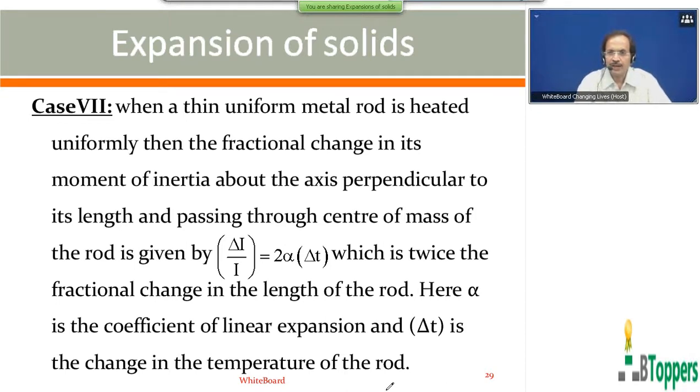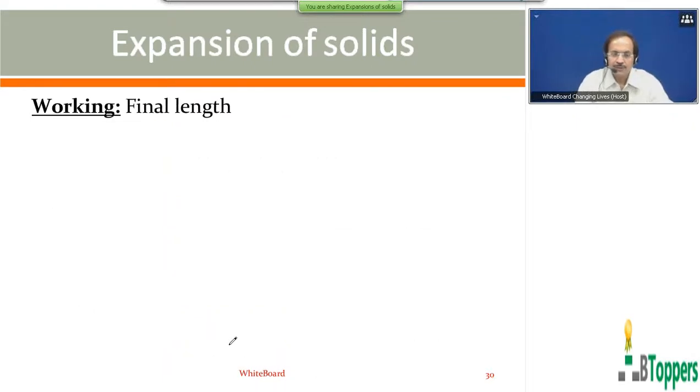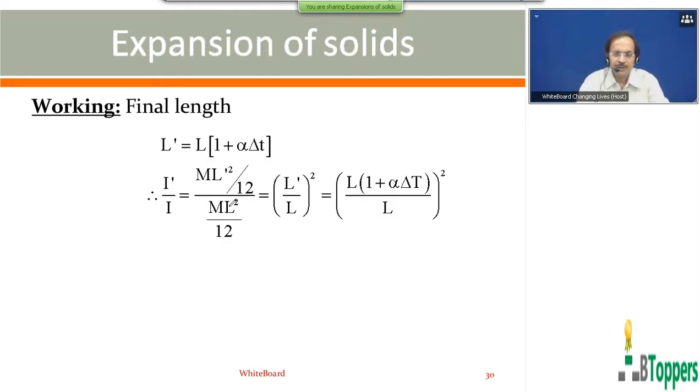So I am going to show the continuation of screen, that is the working for this conclusion. So look at the screen for working. The final length L dash can be written as original length L into 1 plus alpha into delta T. So I dash by I. Here I is the moment of inertia of the rod before it is heated.